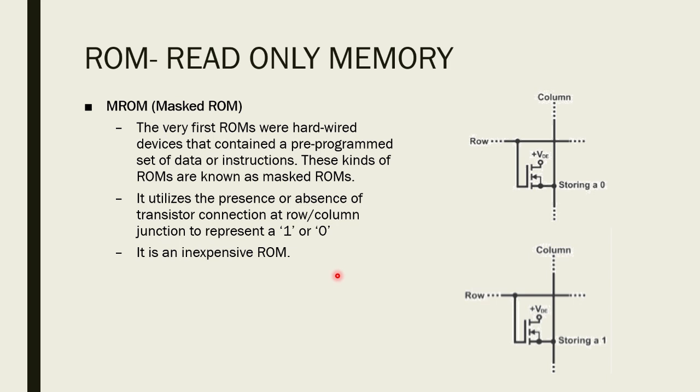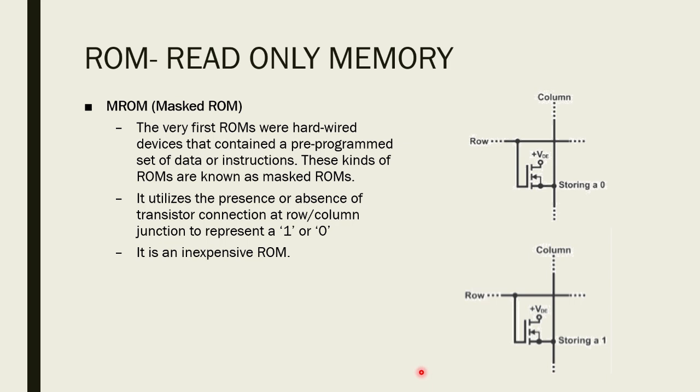So in the figure we have an E type MOSFET, which is also called an enhancement mode MOSFET. Your E type MOSFET is connected to the row, and it stores the value of 0 in the column. Here the same connection is happening, but the value stored here is 1.